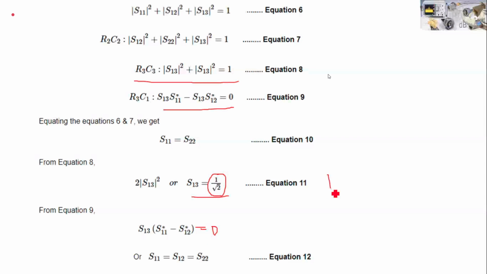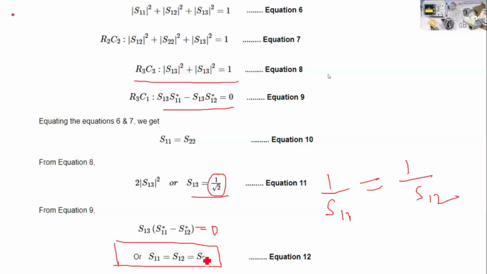So you can write 1 by S11 is equal to 1 by S12. So cross multiply, S11 is equal to S12. So it is written like this: S11 is equal to S12, which is also equal to S22.